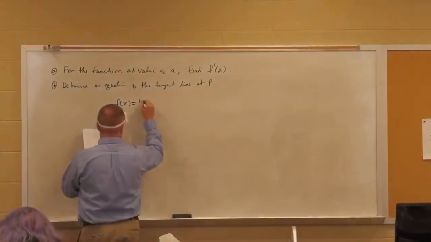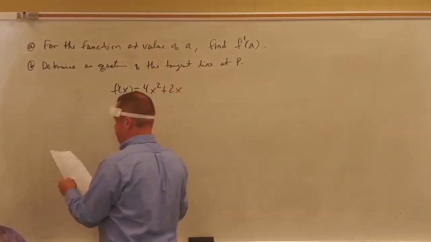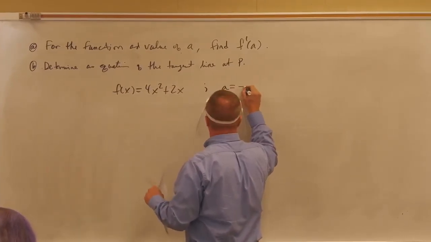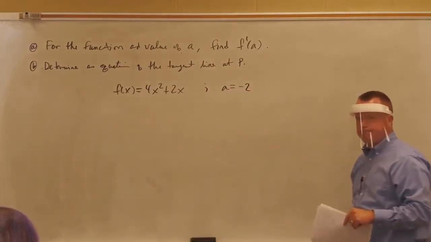Okay? f of x equals 4x squared plus 2x. They're going to tell us a is equal to negative 2. Okay?